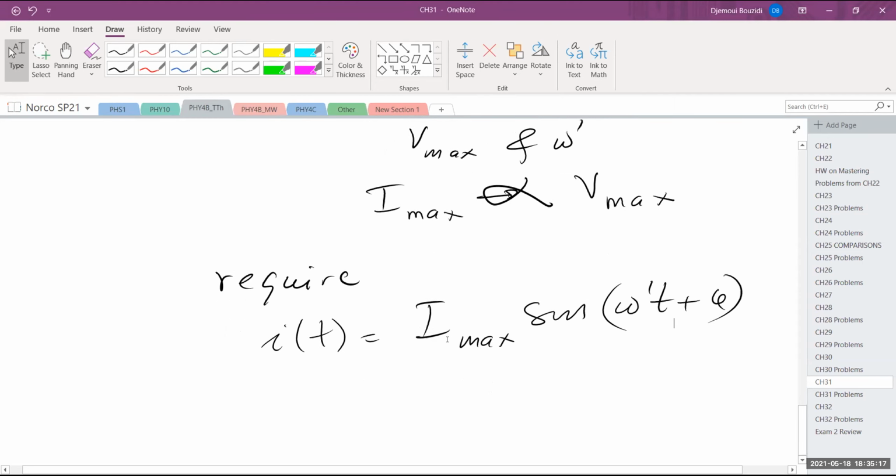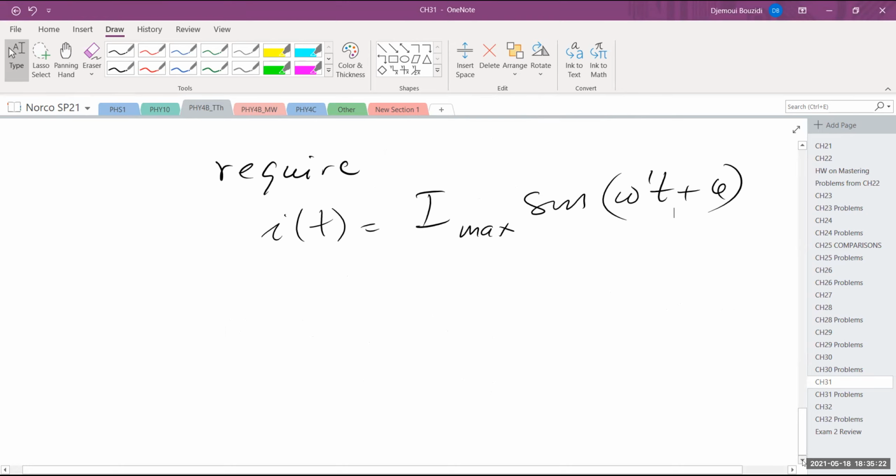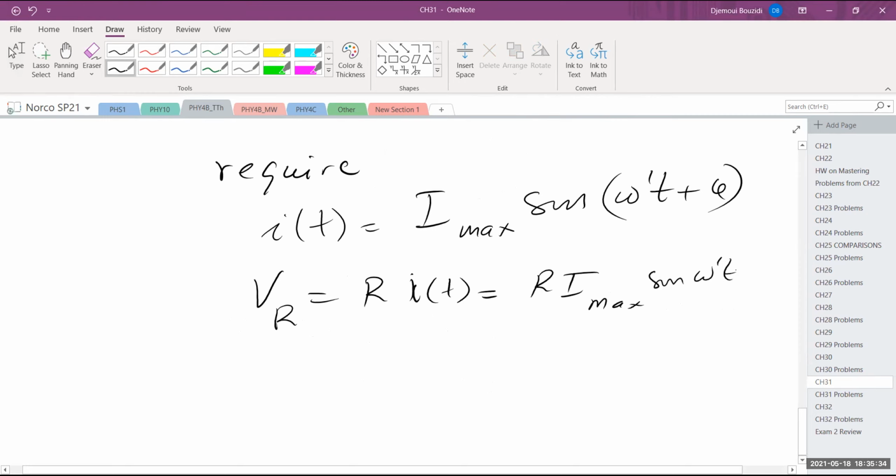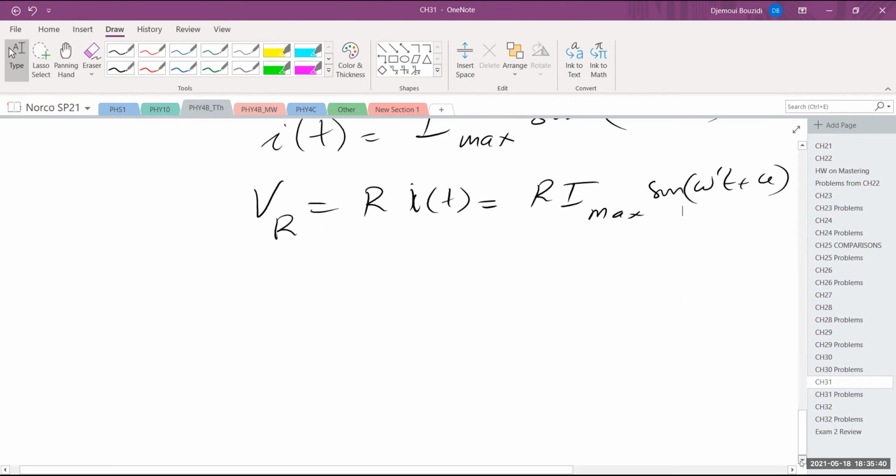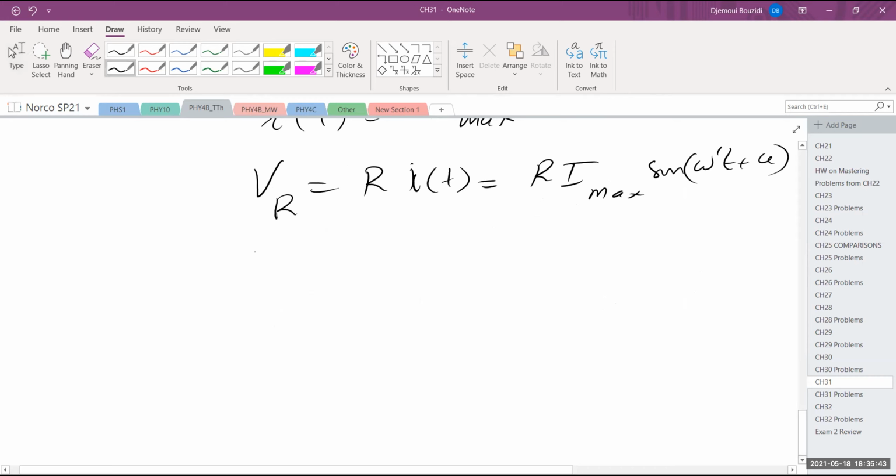So if I do that, then I know how to integrate this expression to find it. So immediately, first of all, the voltage across the resistor is simply Ri. So that is going to be R i max times that same sine stuff. Correct? Now, if I want to find the voltage across the inductor, that is simply L times di over dt.